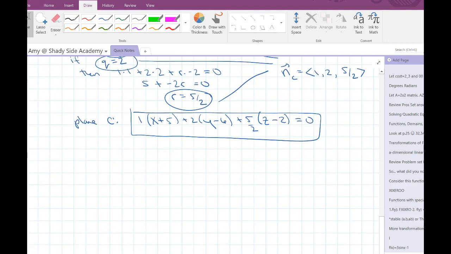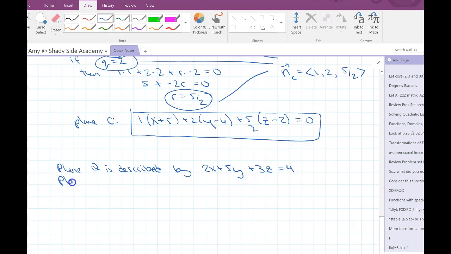Okay, let's do this now. Here's what I'm going to ask you to do. Plane Q is described by 2x plus 5y plus 3z equals 4, okay?